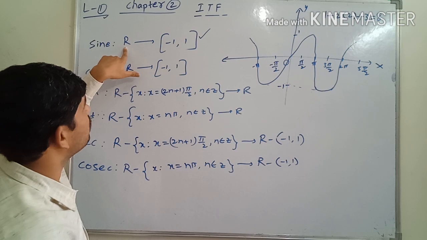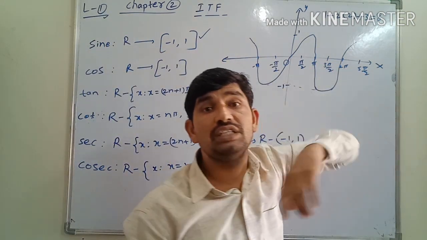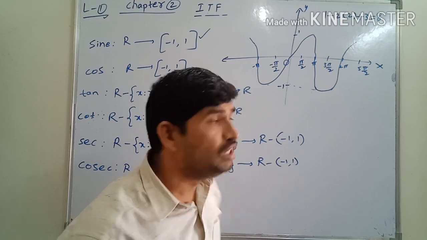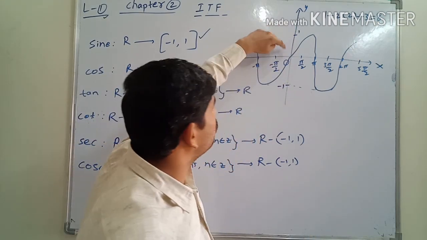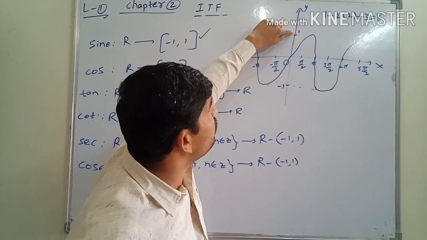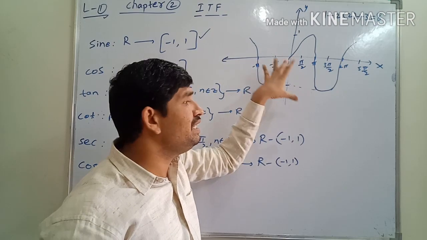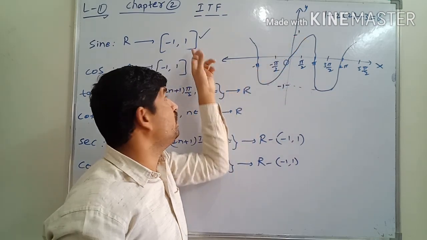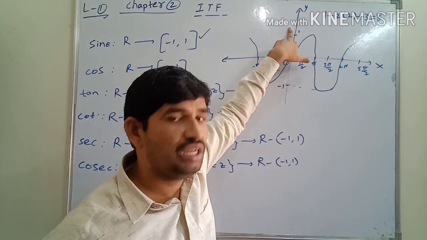Yes or no? Domain is nothing but all the real numbers. All the real numbers we are taking on the x-axis, that indicates the domain. Okay. Now by substituting in this, definitely the result is in between minus 1 to 1. So that's why we are going to say range is minus 1 to 1. The range of the sine function is from where to where? Minus 1 to 1. Remember this.